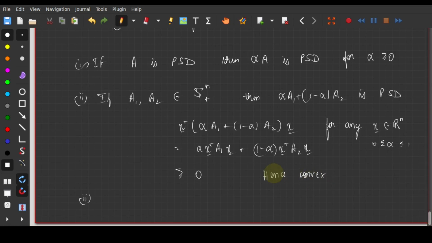Right? So now what about pointedness? If I take any matrix A which is positive semi-definite, and A is not equal to the all zeros matrix, then what can you say about minus A?